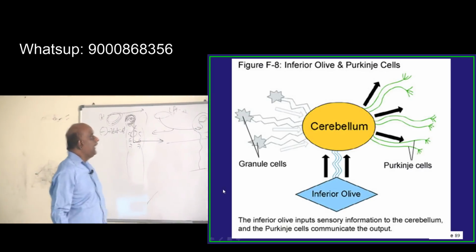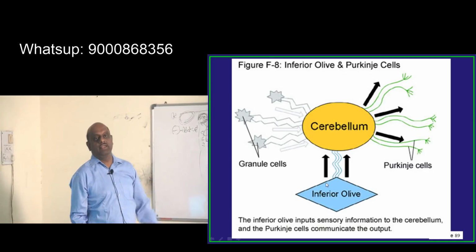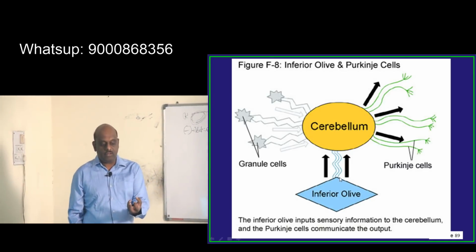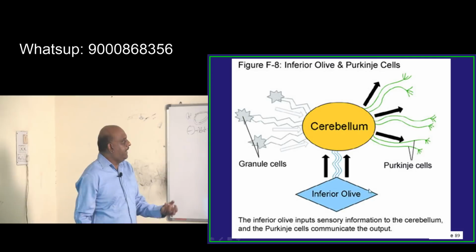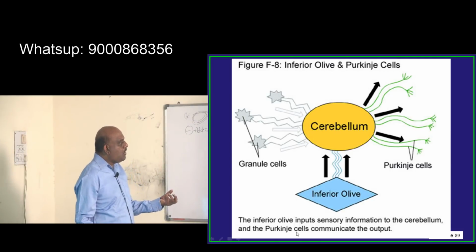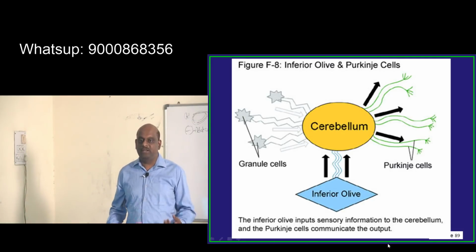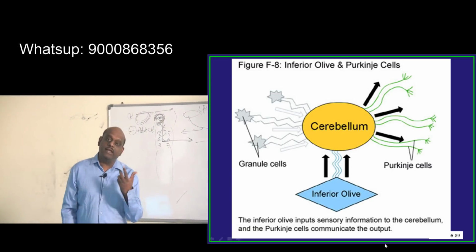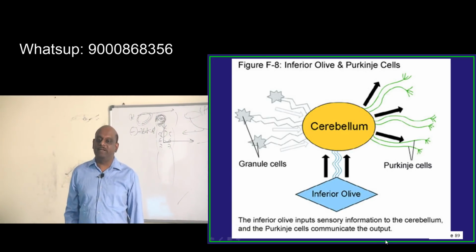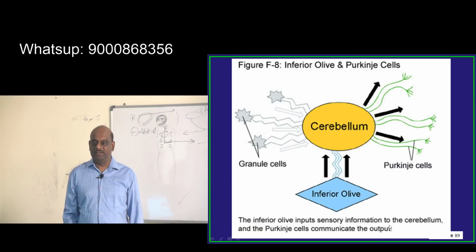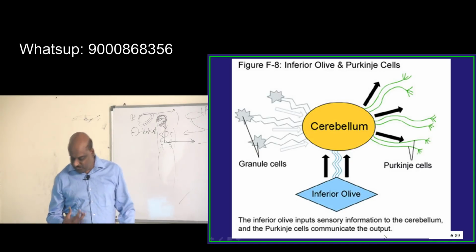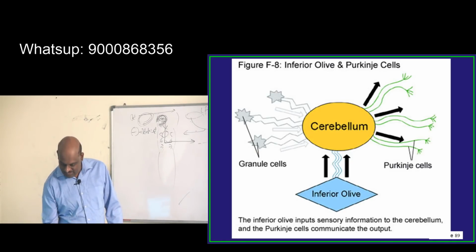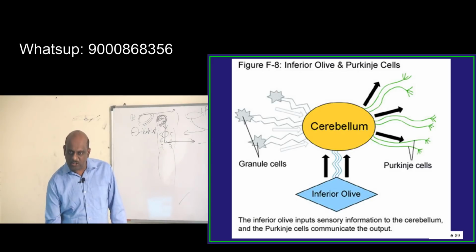So the inferior olive is typically located in the medulla. What does it do? It brings all the sensory information. So how does the inferior olivary nucleus know all that information is a very important question. Medulla is well connected with the spinal cord.